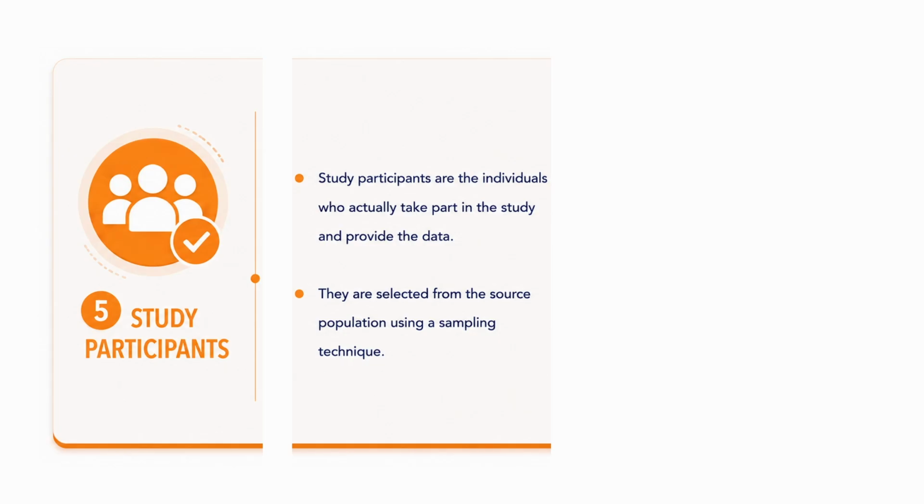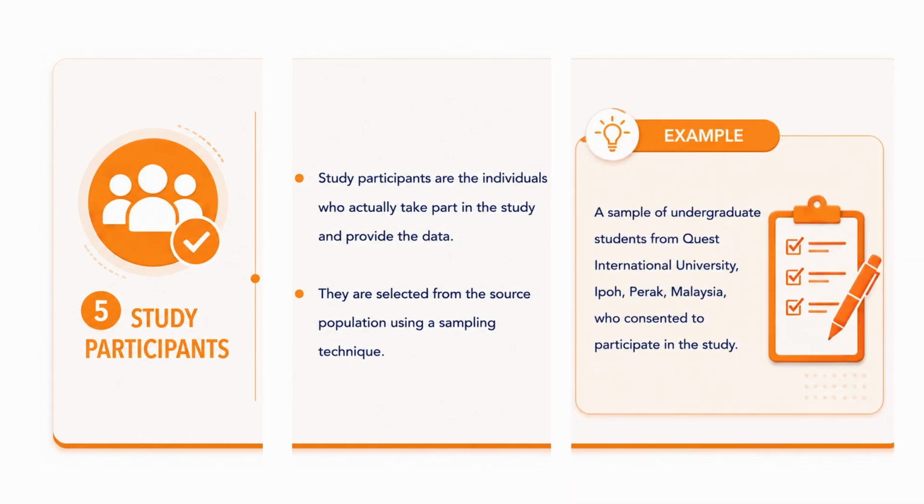Then you give a number to each student. Then you select the samples using a random number generator. Okay, a sample of undergraduate students from Quest International University, Ipoh, Perak, Malaysia, who consented to participate in this study. So you get a list of them, then you select numbers randomly.